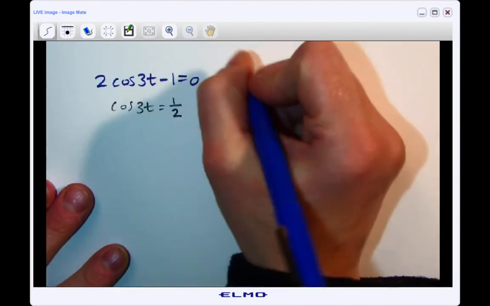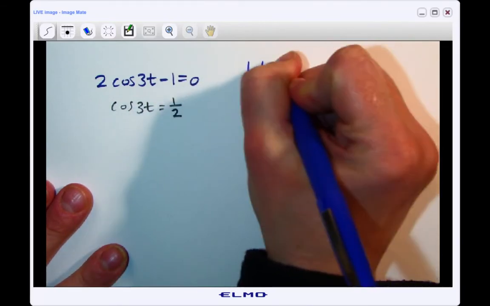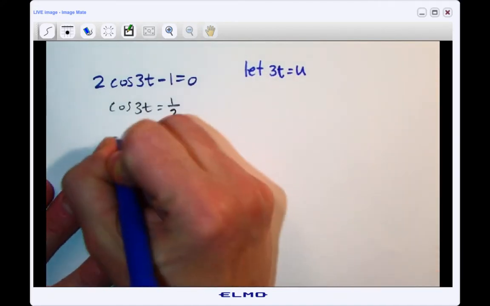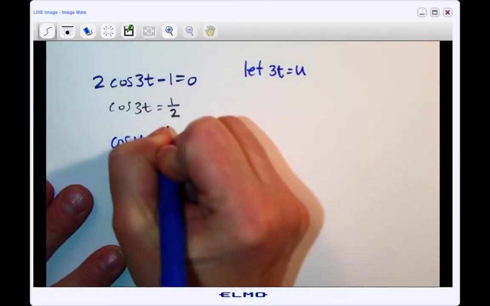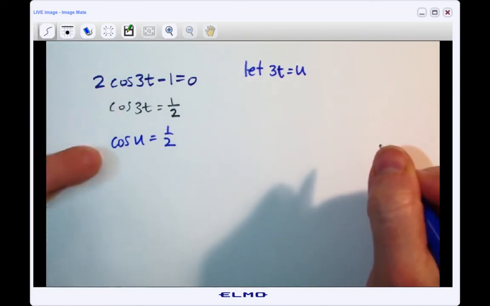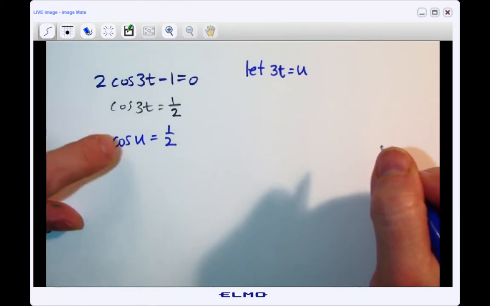But the first thing I'm going to do is I'm going to say let 3t equal u. All right, so I'm going to change this to cosine u is equal to 1/2. Now, why did I do that? Because this one I don't know the answer to, but this one I do, because these are angles that I know, right?